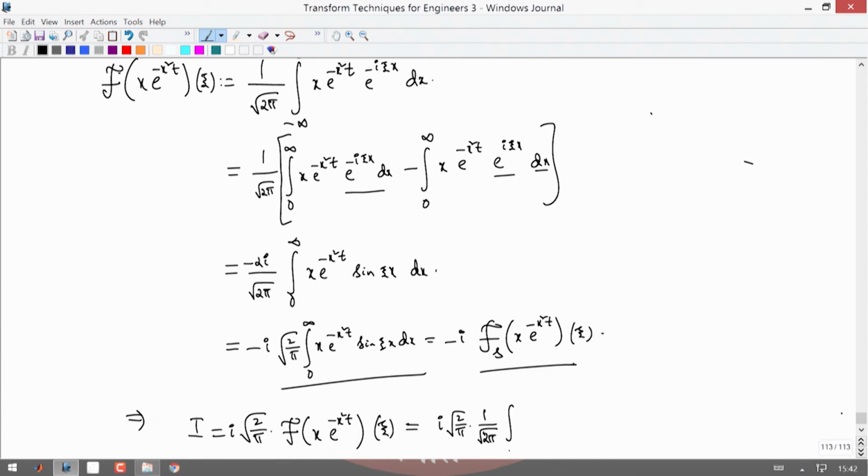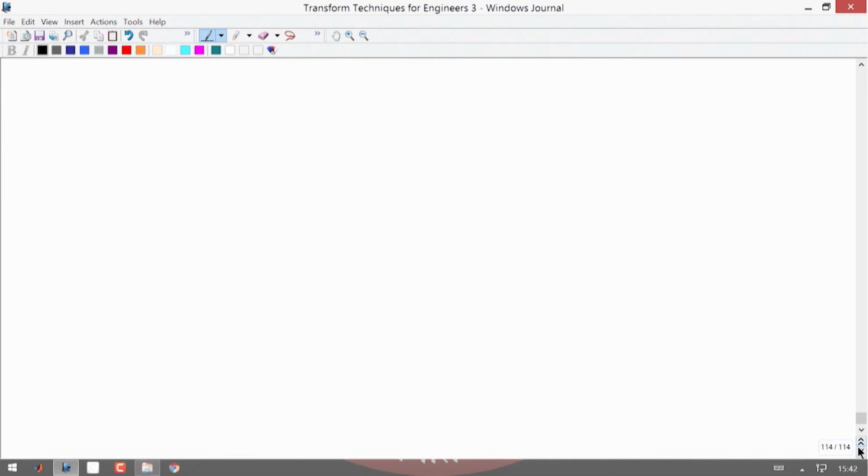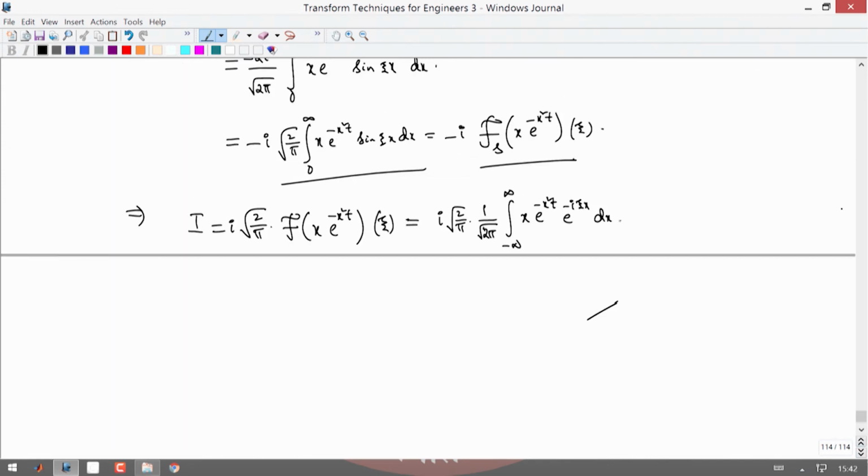Fourier transform is integral minus infinity to infinity x into e power minus x square t e power minus I xi x dx. So, this is the quantity we need to evaluate. I will be able to do this by evaluating this integral. If I know this integral, then I know what is the I, that is the Laplace inversion of e power minus a root s as a function of t. Okay.